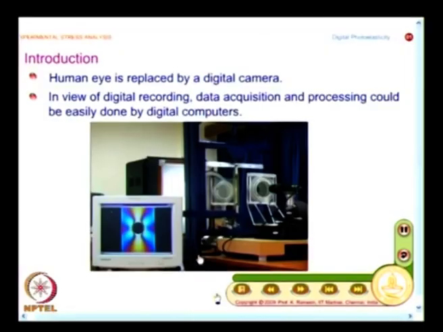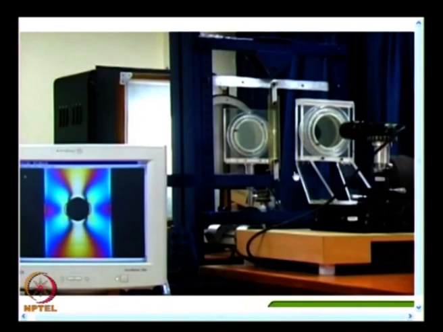So, what do you do in digital image processing? You replace the human eye by a digital camera, and this is what I have here. What I have here is a basic polariscope, and instead of a human being viewing the fringe pattern, I have the CCD camera and I have this model plate with a hole, and I see beautiful fringe patterns on the computer.